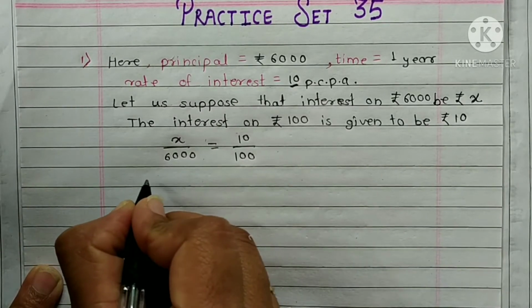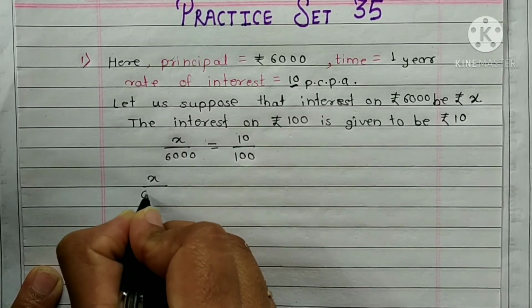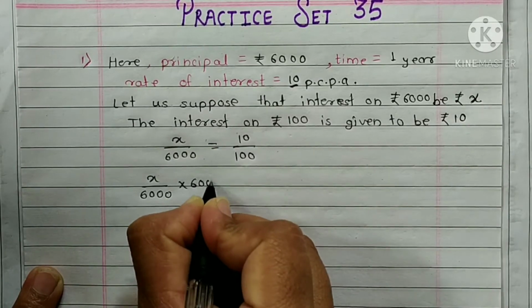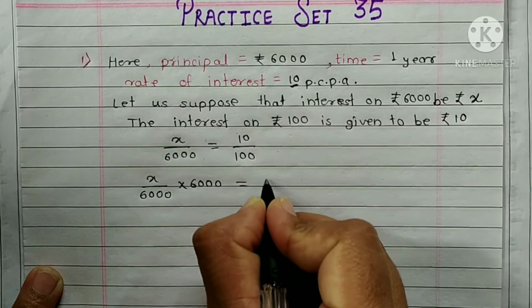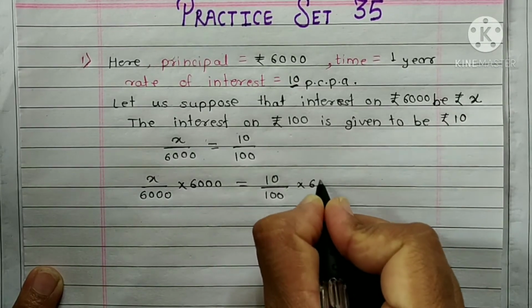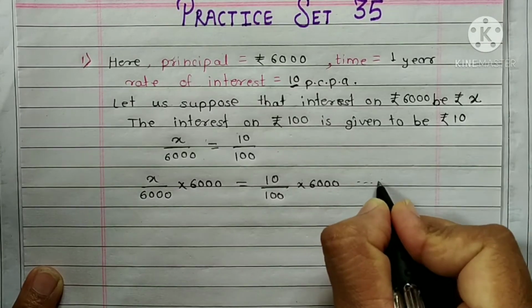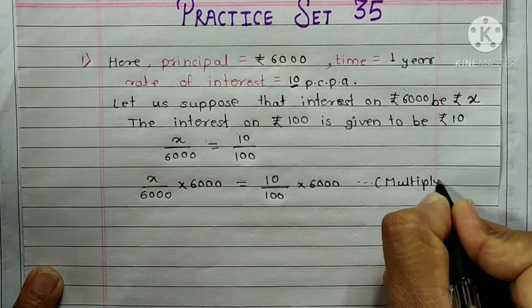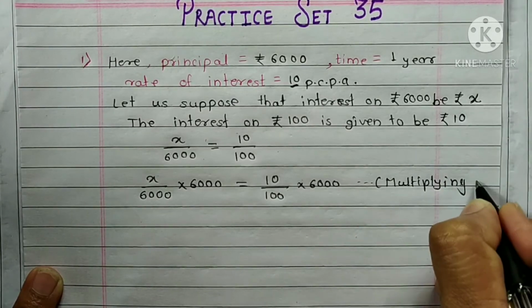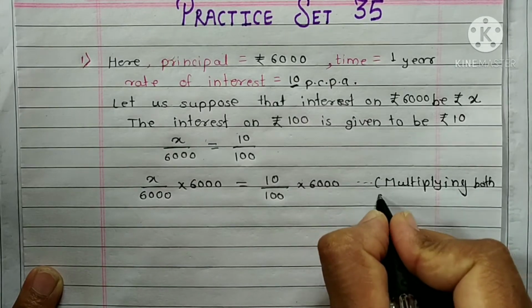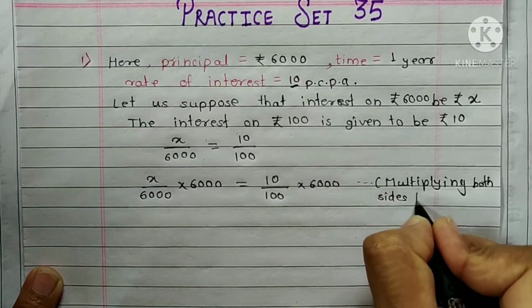Write down x upon 6000 into 6000 equal to 10 upon 100 into 6000, multiplying both sides by 6000.